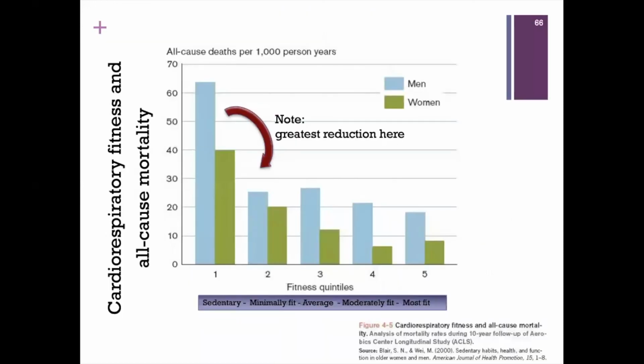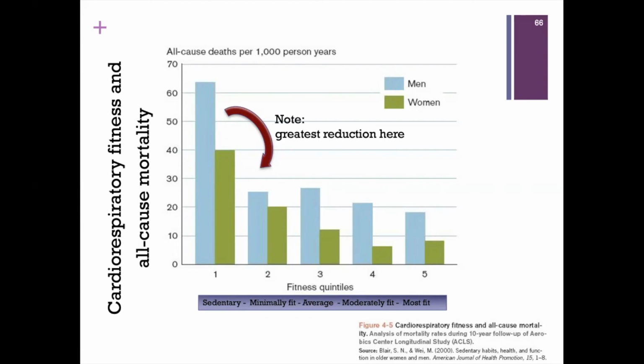One of the best reductions that we can actually see is in all-cause mortality. So as we move from sedentary to minimally fit to average to moderately fit to most fit, and we're looking at both men and women, when you are moving from being sedentary to minimally fit, you get a huge reduction in deaths.